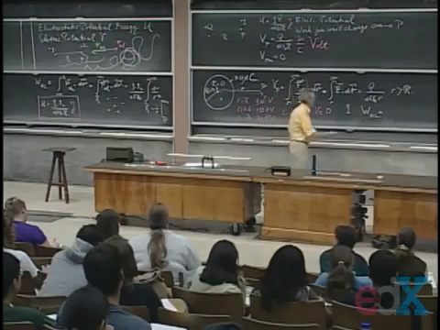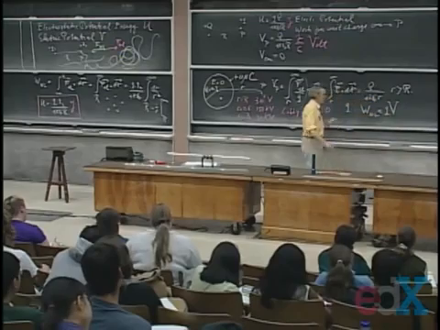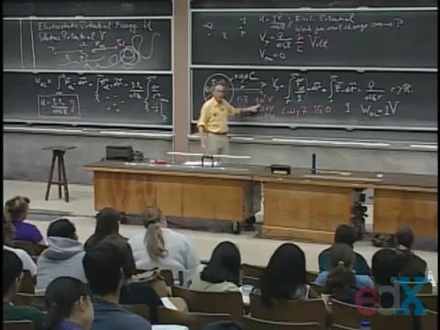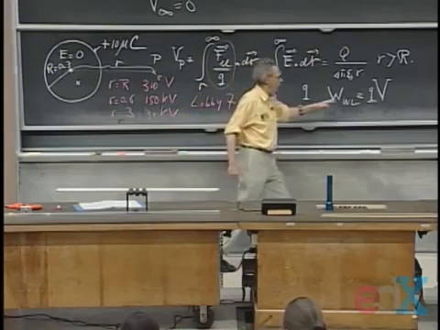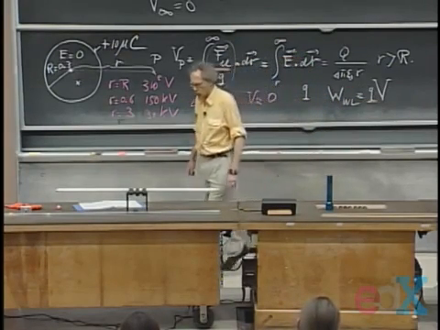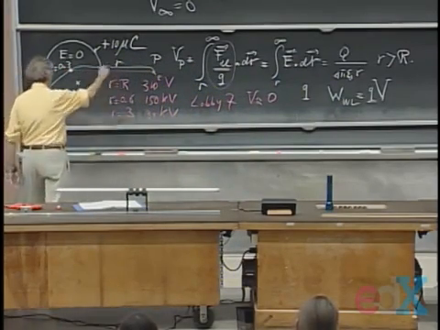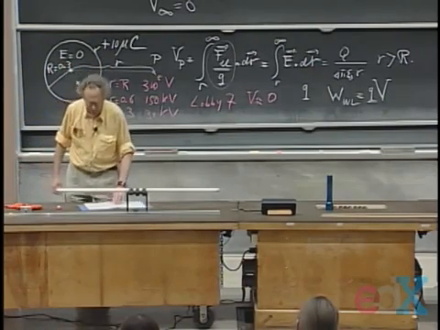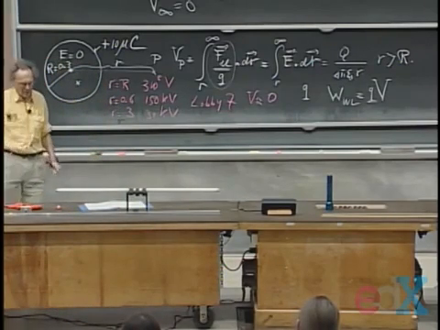And so the work that I have done is the charge that I have in my pocket times the potential of the Van de Graaff, if I go all the way to this surface, which is 300,000 volts. If I were a strong man and I would put 1 Coulomb in my pocket, that's a lot of charge, then I would have done 300,000 joules of work by just carrying the 1 Coulomb from lobby 7 to the Van de Graaff. That's about the same work I have to do to climb up the Empire State Building. It's the famous mgh, my mass times g times the height that I have to climb.